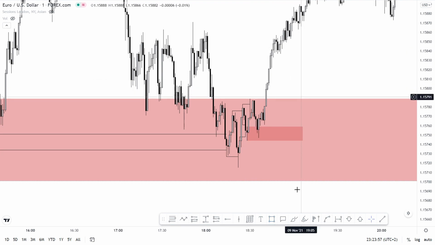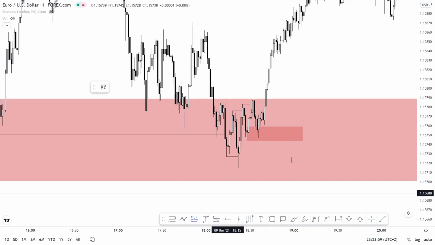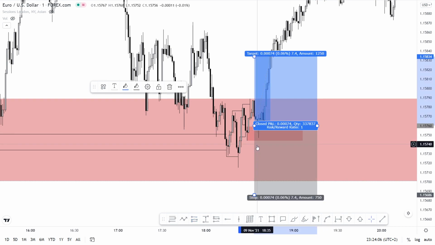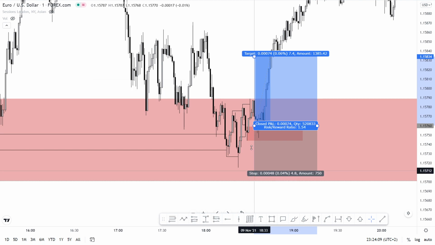So my buys were around 115,760, which was around here, and then my stops were around 115,742. Yeah, that's where my stops were.